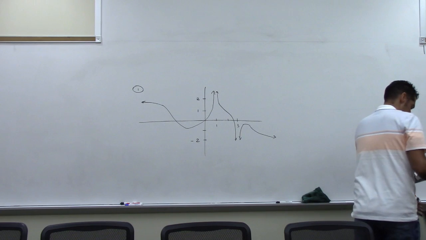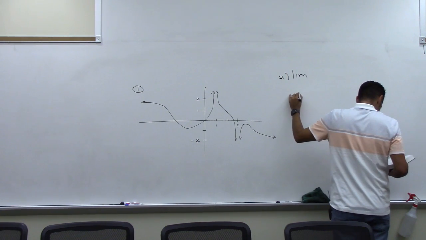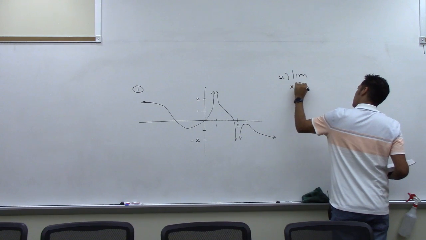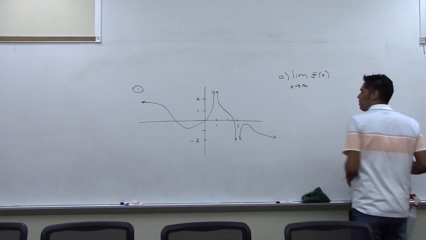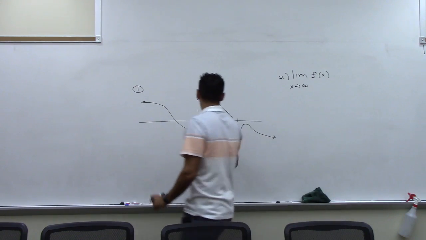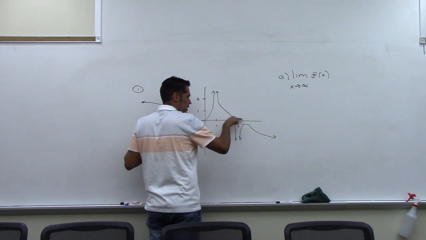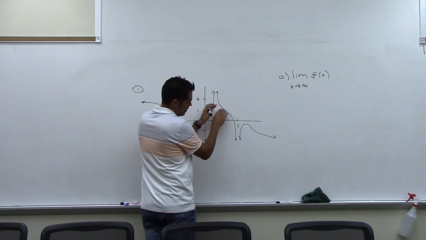And they want to know here, part A, the limit as x approaches infinity of f of x. So what is happening as our x value starts to become infinite and go out this way? What does the function do? So the function's over here doing this, and it dives down.